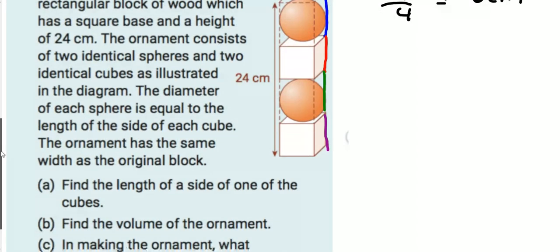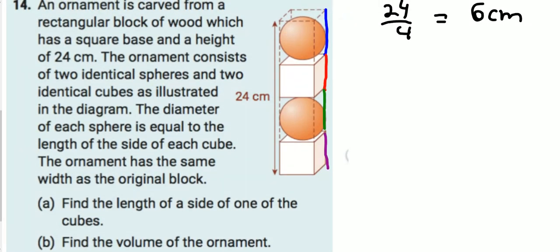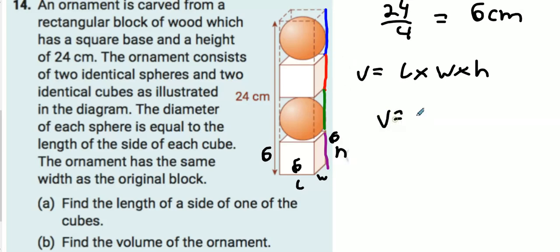Next thing. Find the volume of the ornament. The cubes are length by width by height. That's for cubes. And what is the length, width, and height of that cube? Yeah, it's 6 by 6 by 6. That will get you the volume of the cubes. How do you get the volume of the spheres? 4/3 pi r cubed.